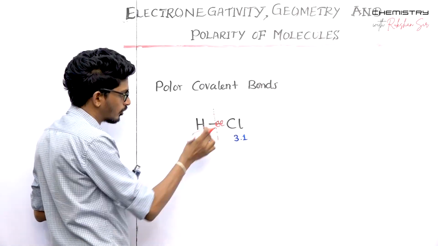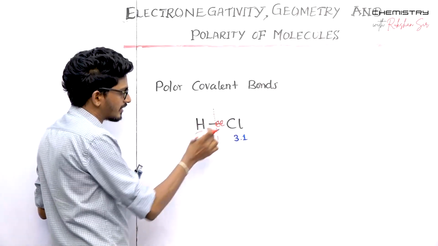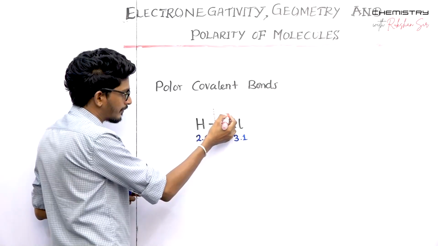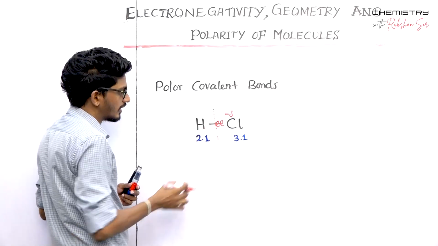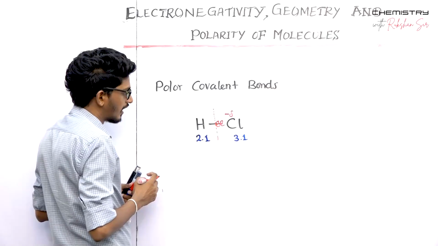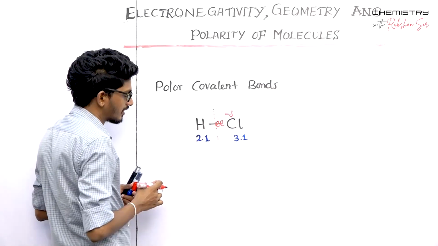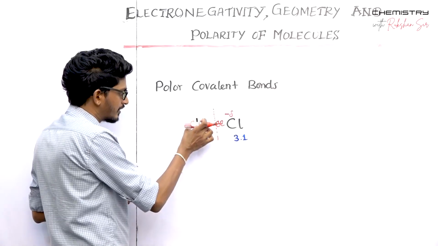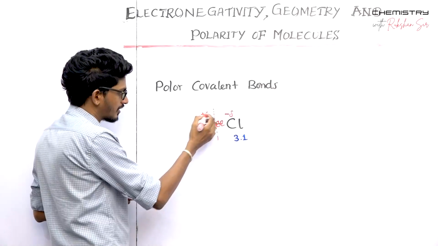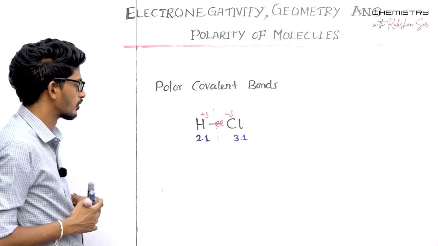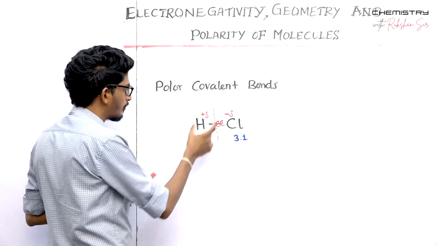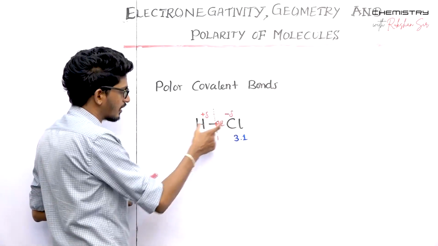So the charge on the chlorine is a bit more negative than the charge on the hydrogen. It is a slightly negative charge, and this one is a slightly positive charge. So we can think of a polar bond being made by this kind of situation.